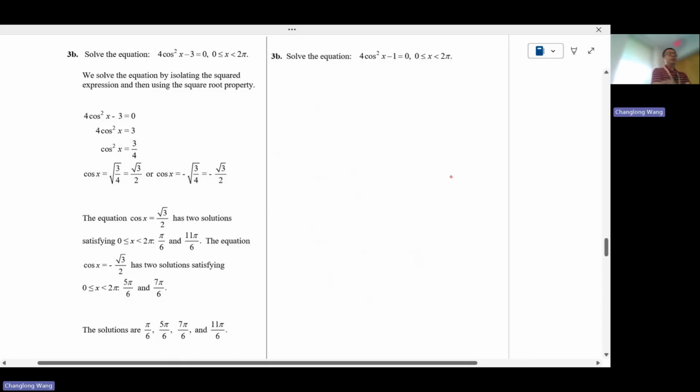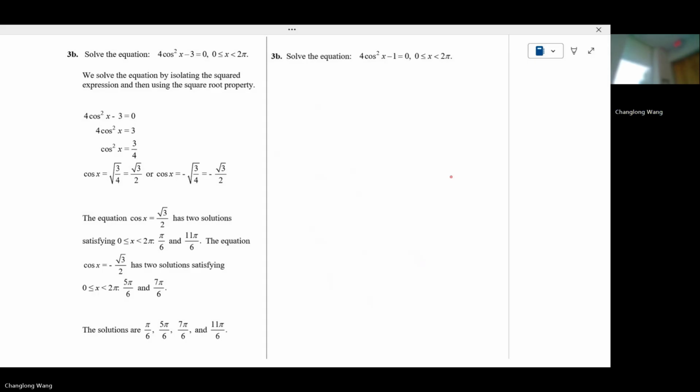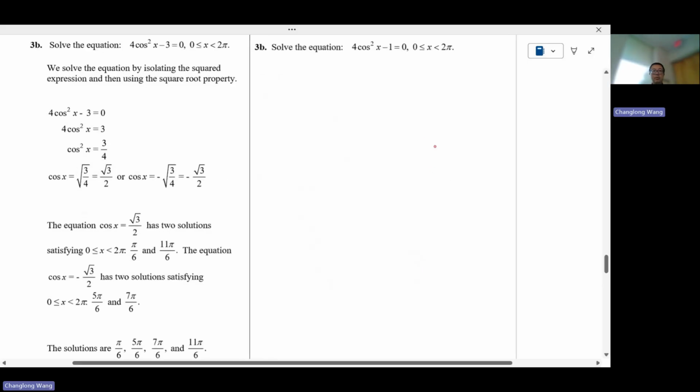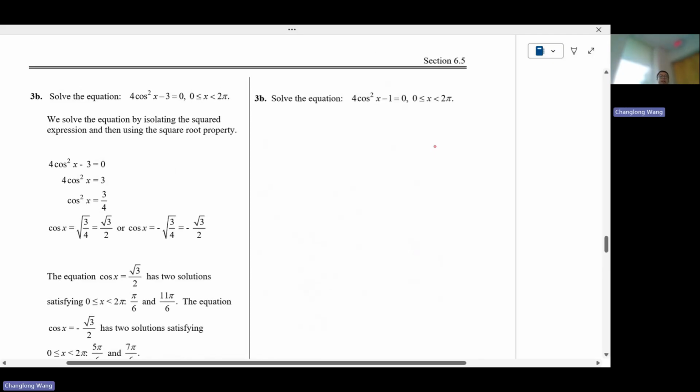Now I will quickly look into 3B, but only get to a point that you guys are able to solve, referring to how we did with those fundamental equations, right? So you see that on the right-hand side, we have something about cosine x, right? So you're going to have to think, okay, how would I get just the cosine x by itself? I know how to do that, right, with the unit circle.